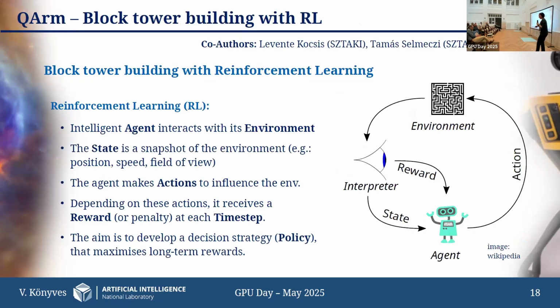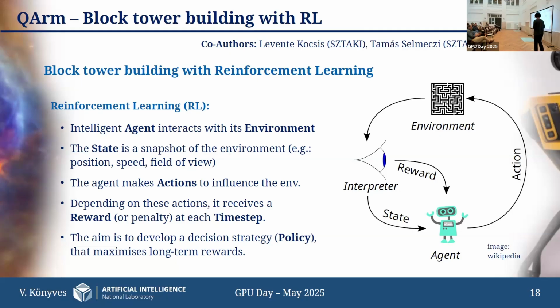And now let's go back to kindergarten. We will build block towers with reinforcement learning. Many of you might know what reinforcement learning is, but in our case, the agent is the robotic arm, and its environment is the tabletop with the colored blocks. It knows about the state, meaning, for example, the locations of the blocks on the table.